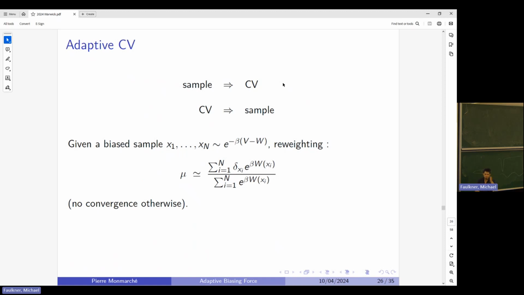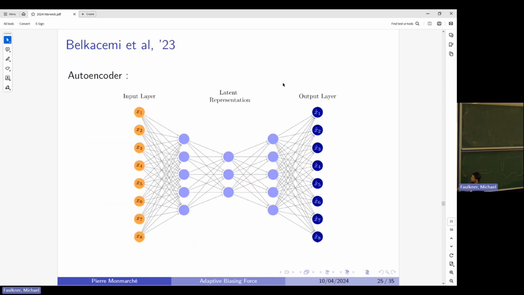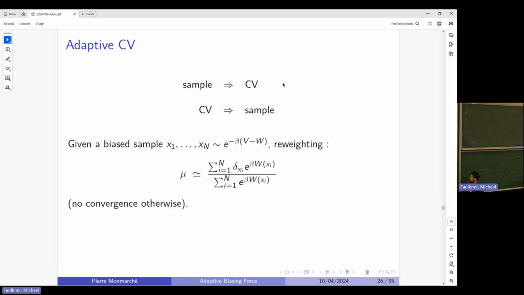Maybe I completely change my collective variable, but then I forget that initially I had the metastability in some direction, and I'm going to recreate this metastability. So I have to be consistent along iterations. I have to reweight the measure to kill the bias, to be consistent from one step to another, because otherwise I'm going to go back to steps I had already seen. In particular, they observed that in this work.